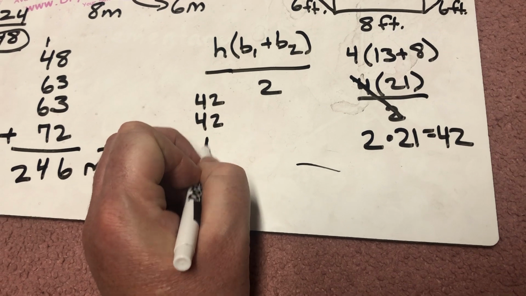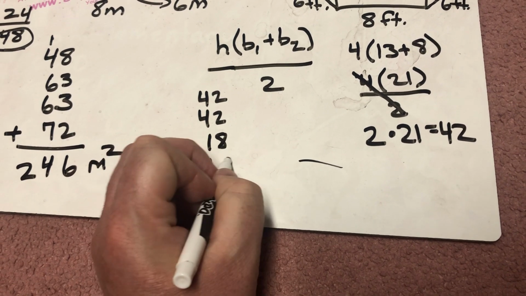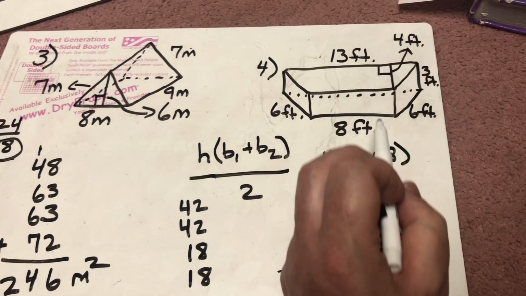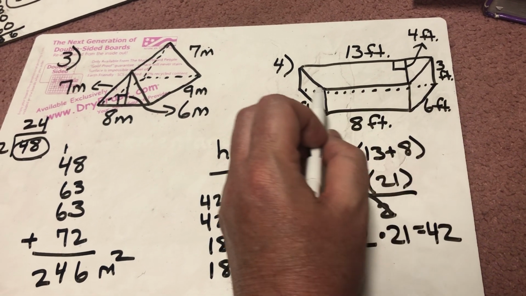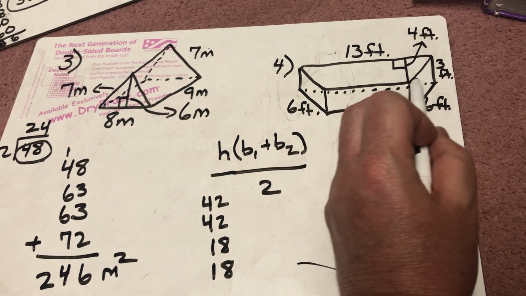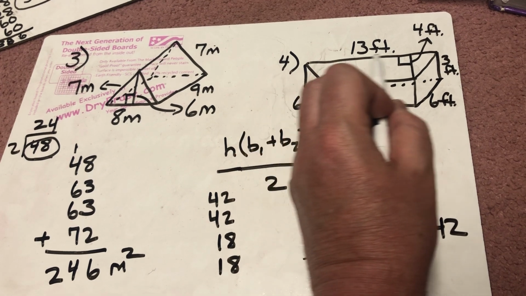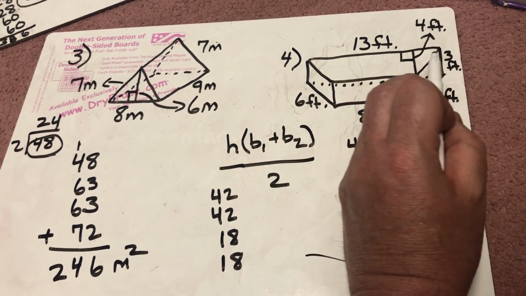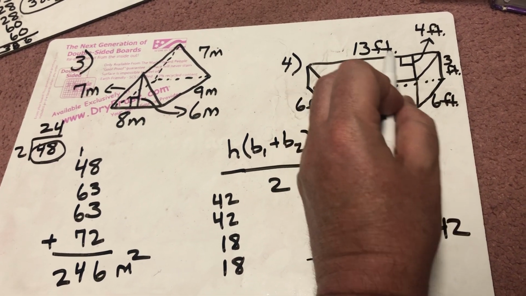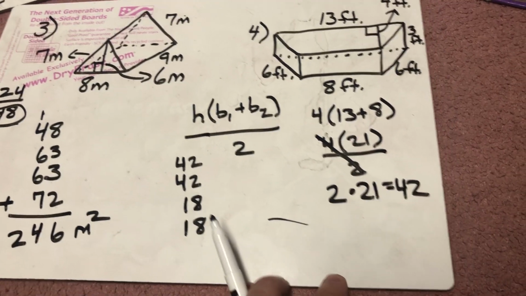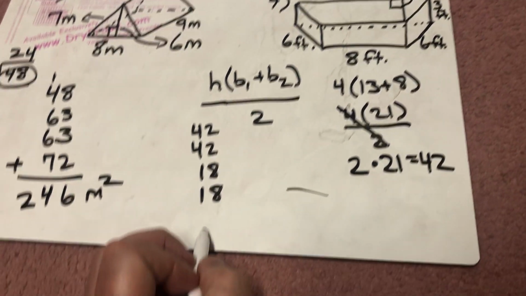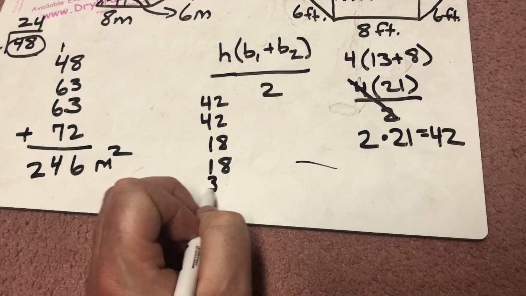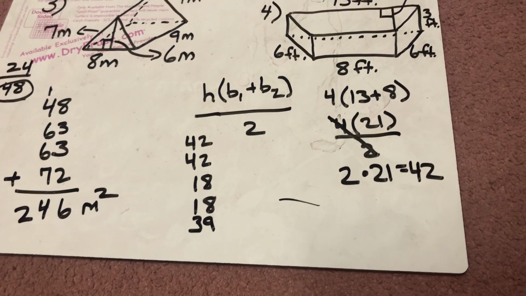So we're going to have 2 18s. This rectangle here in the back looks like I have 13 as a length, 3 as a height. 13 times 3. Well, 13 times 3 is 39. So I'm going to have a 39 on my list.